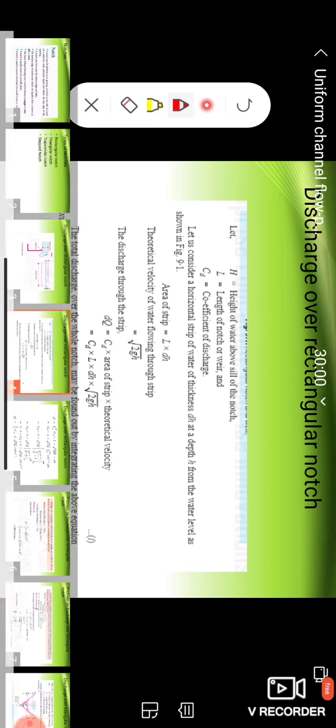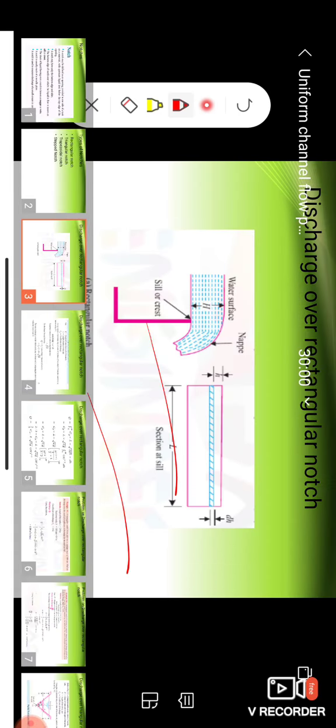First, let us consider a horizontal strip of thickness dh at a depth of h. I will show you here. The thickness will come in a rectangular box. There is a strip that we call a small strip.